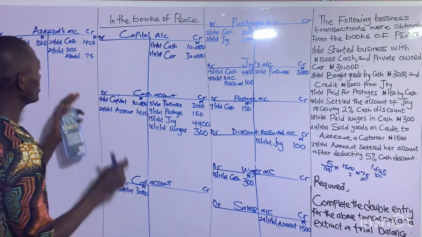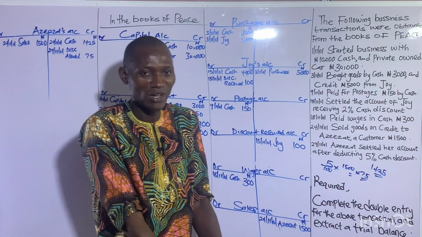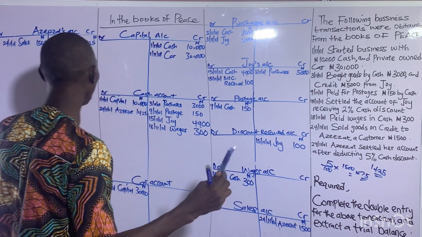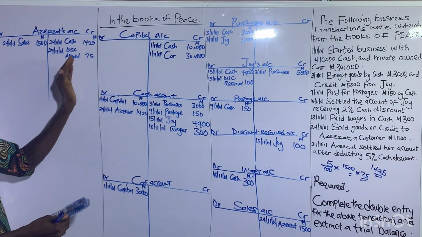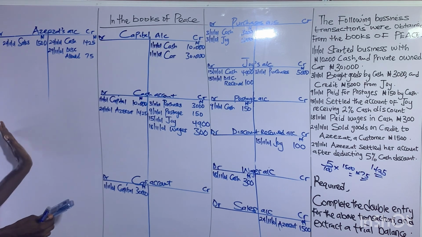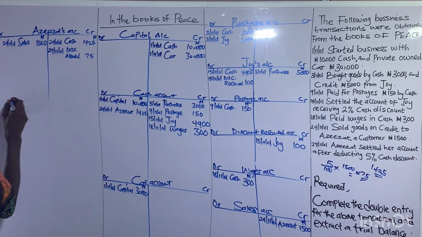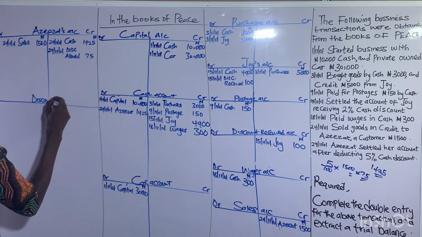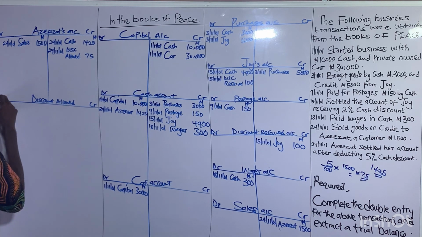Then these discounts allowed will also be reflected in the discounts allowed account. Discount allowed is an expense, so it will always be debited. So the corresponding debit entry of this discount allowed will be reflected in the discount allowed account. Let's open discounts allowed. We have credits, we have debits.